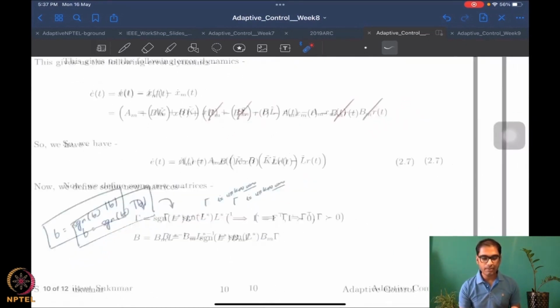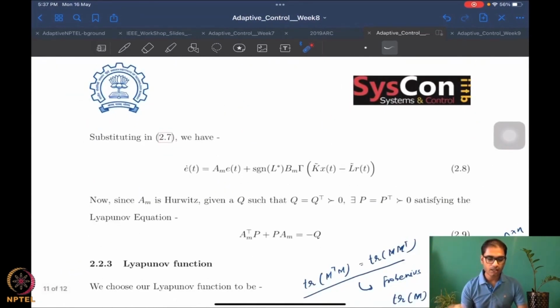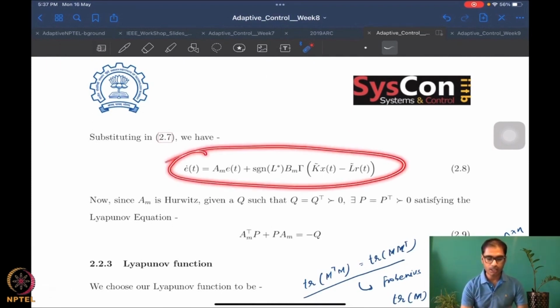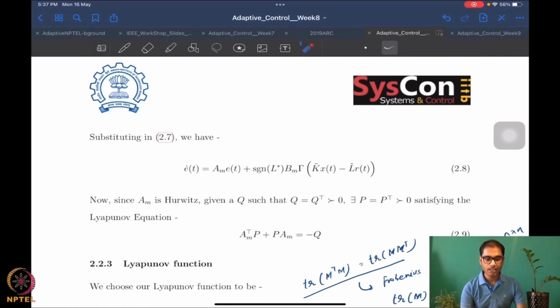So using this gamma, we now write our closed loop dynamical system in this particular form. This is the form that we would have obtained if there was no parameter error, or for the case when we do know the parameter, this is exactly what would be the closed loop dynamics. But because we do not know the parameter, there are terms in the parameter errors, which is what you have commonly in adaptive control.